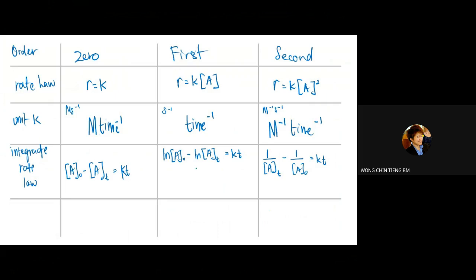Therefore, for your first order, it can also be written as ln bracket concentration A0 over concentration AT. Yang ni pun boleh. But in here, if you are using this, just a kind reminder, kita ada bracket. Bermakna, we are actually going to solve the one in the concentration dulu.